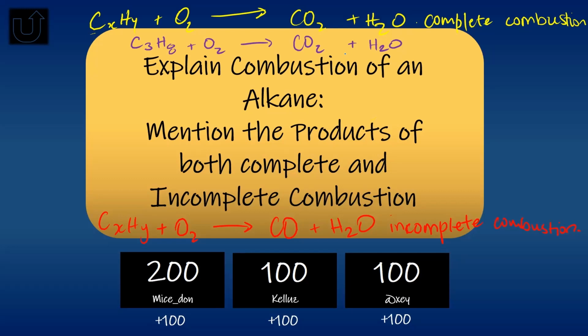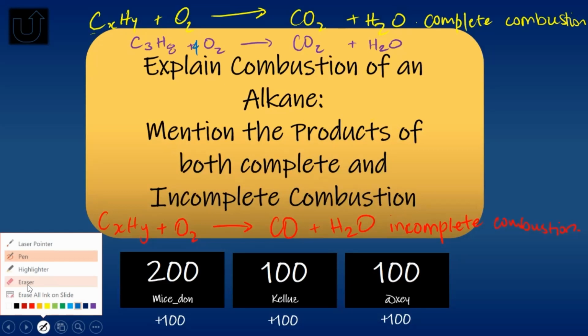So the balanced equation should be what? There should be a 4 in front of O2 on the reactant side, a 2 in front of carbon dioxide, and a 4 in front of water.